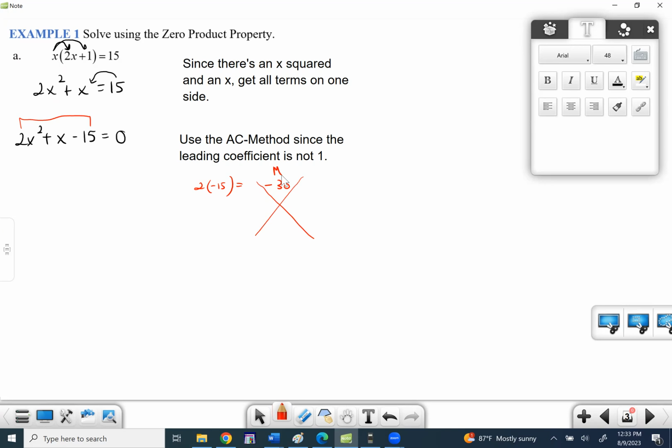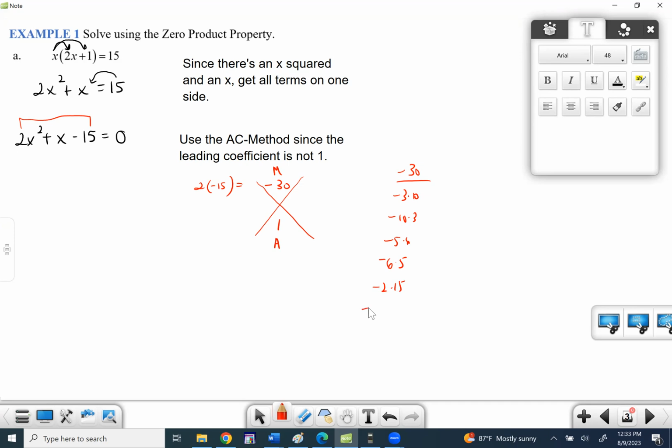We want to multiply to make negative 30, but we want to add up to the middle number of positive 1. So I'm going to put an A for add here and an M for multiply. Okay. All right, so we have to find factors of negative 30. Well, the only things that I can think of that make 30 would be like a 3 and a 10, a 5 and a 6, a 2 and a 15.